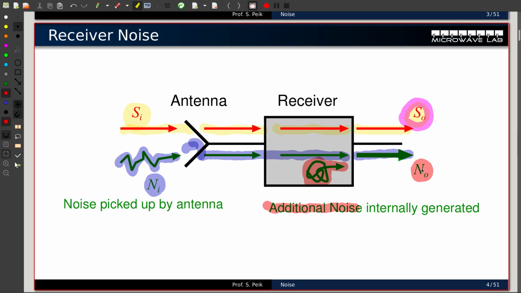And now the big question is, when we receive the proper signal here and we receive the noise, can we still hear what we want to hear in the signal in the presence of the noise? And as you see, and it's obvious, what is important is the ratio between the two.